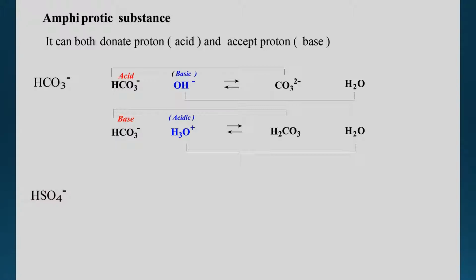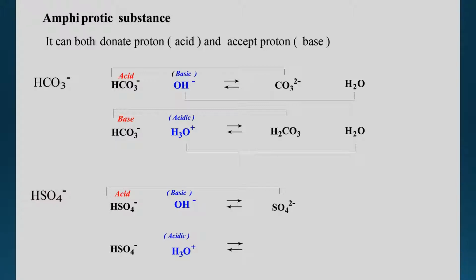Now let's do another example. Same situation. When you have a strong base partner, HSO4 1- becomes an acid. Your mirror pair has 1 H less.